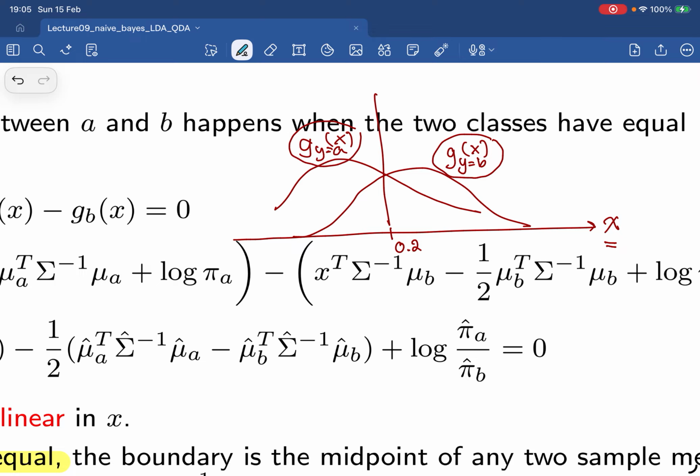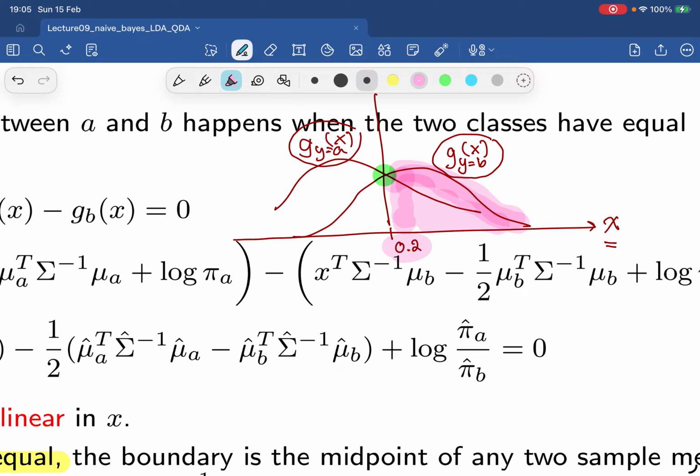And the thing is, the reason that we have to look at the situation when these two are the same is because we want to see which area corresponds to the value of X that is transiting from one class over to the other.